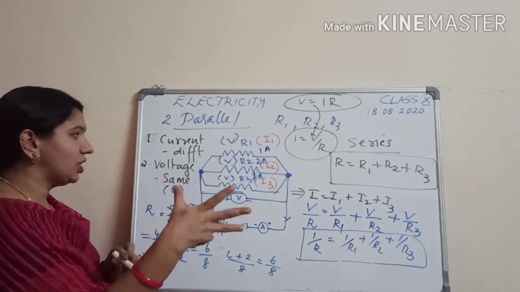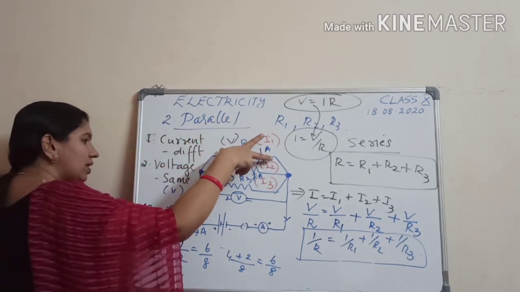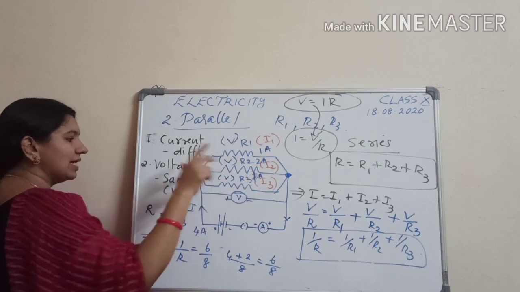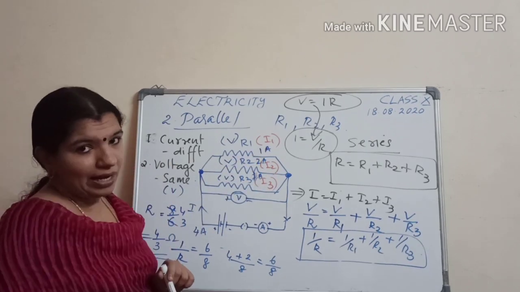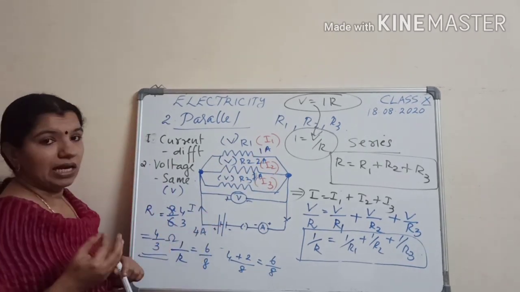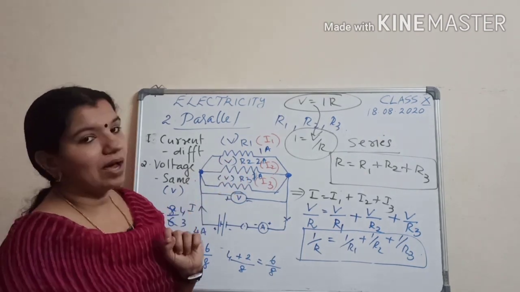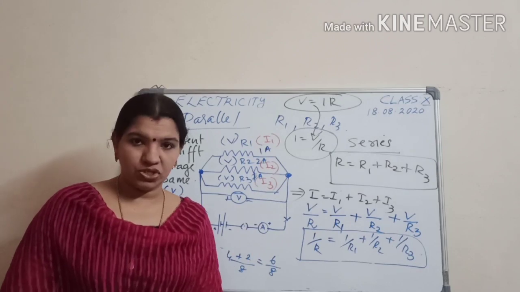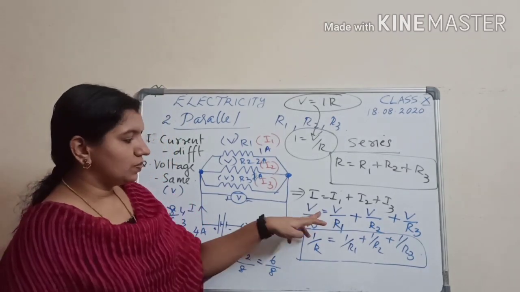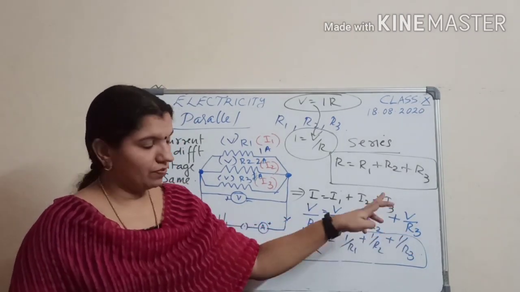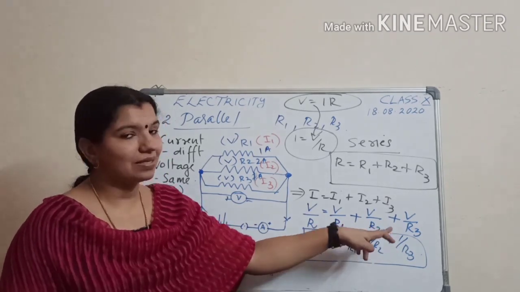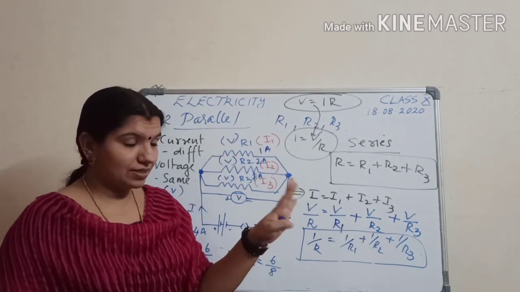That means if I measure the voltage across R1, voltage across R2 and voltage across R3, I will get the same value. That means if I am sending a 3 volt battery, this R1, R2 and R3 will be having 3 volt each. Understand? So we will substitute the value, V as constant because the potential is constant.